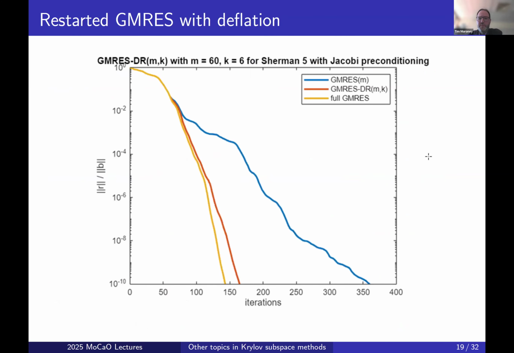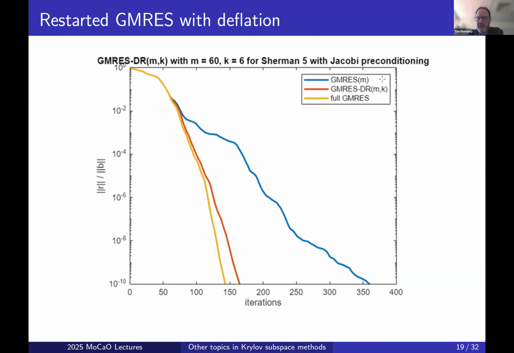So this works splendidly well in many circumstances. Here's just one example I'll show about GMRES-DR, deflated restarting, for one of these Matrix Market examples. I use Jacobi preconditioning. So GMRES(m) is okay. But as we alluded to in question time yesterday, the convergence of GMRES(m) is not so straightforward to analyze. It's not as if it just carries on uniformly. You can't rely on that.